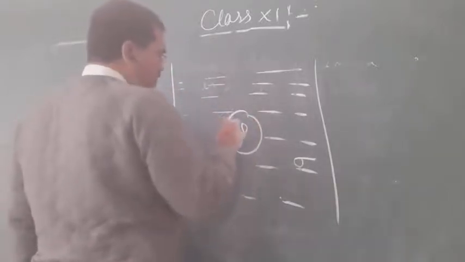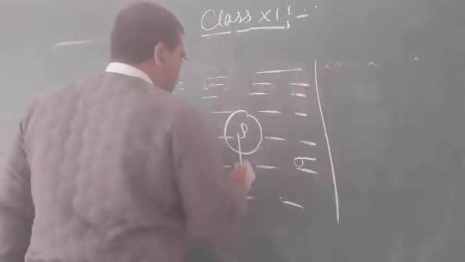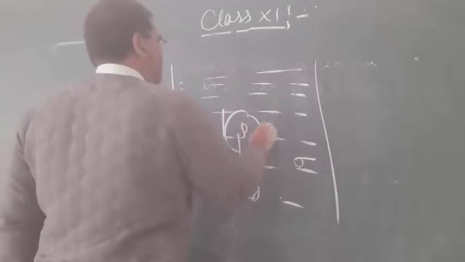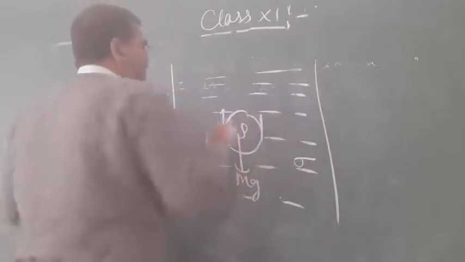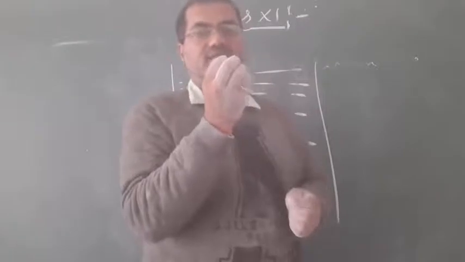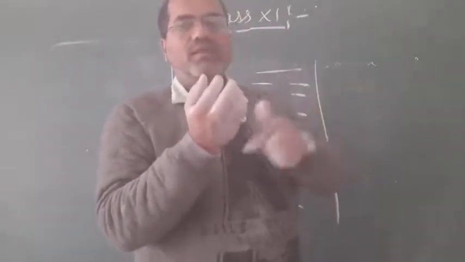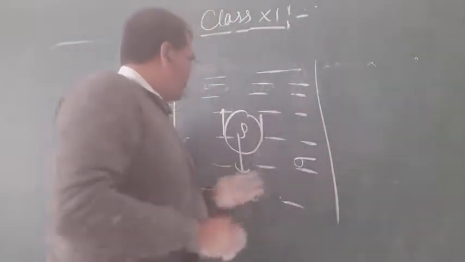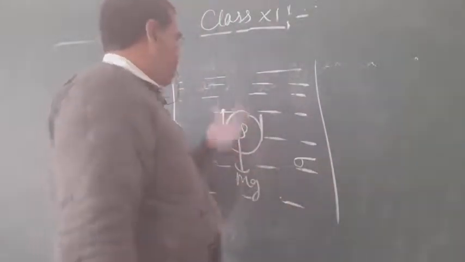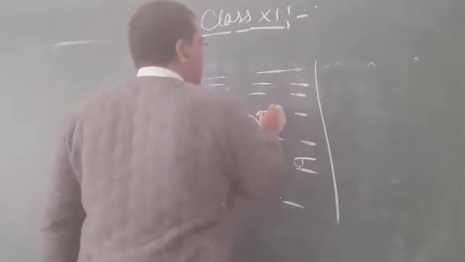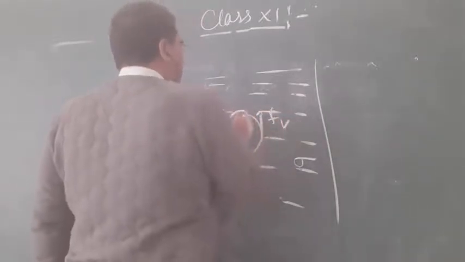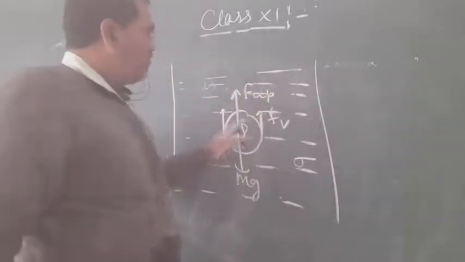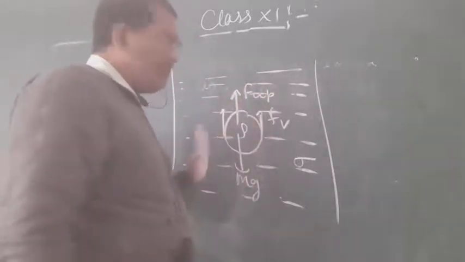So there are three forces: mg downward by the earth, and viscous force by the surrounding liquid acting in all directions on the body. So there is viscous force and upthrust force in the upward direction, and mg downward. There are three forces: viscous force, upthrust force and mg.